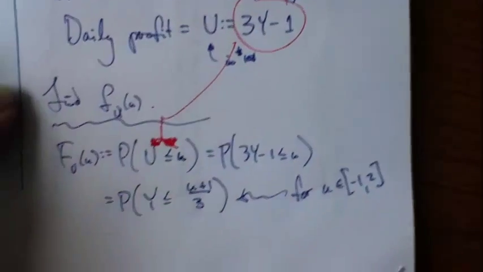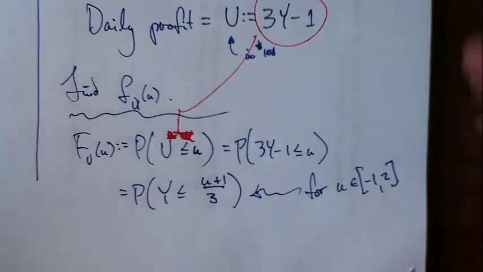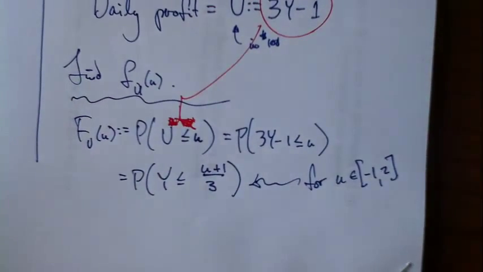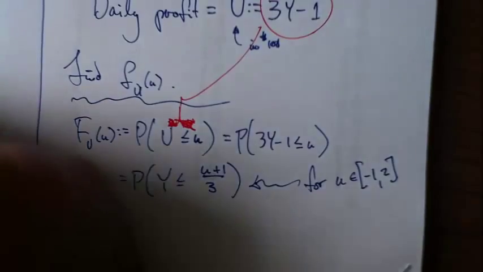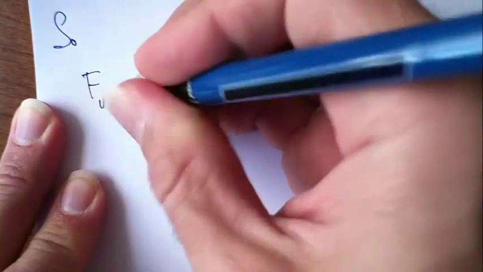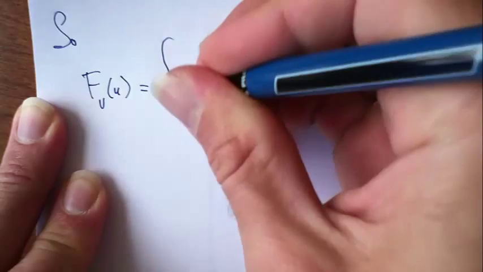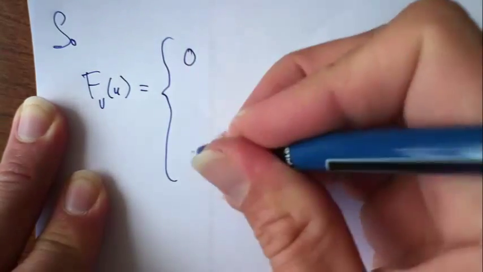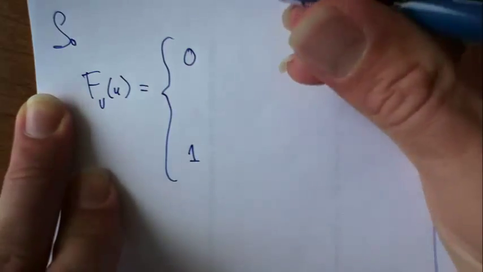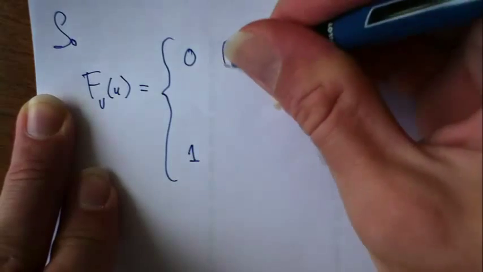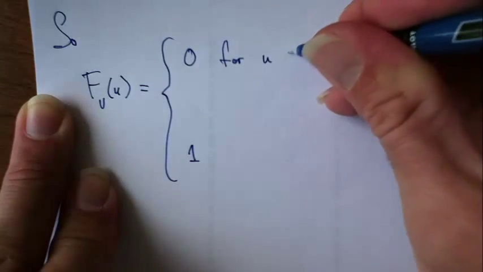So our distribution function for u is going to be 0 for u less or equal to -1.